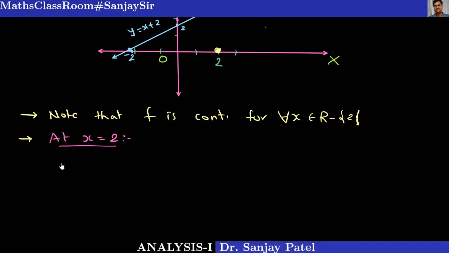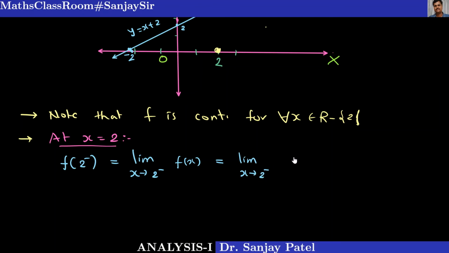For 2, let us find the left limit first. F of 2 minus, by definition, we know it is limit x tends to 2 minus f of x. But what is the meaning of limit x tends to 2 minus? It means x less than 2. X goes near to 2, but from the left hand side.